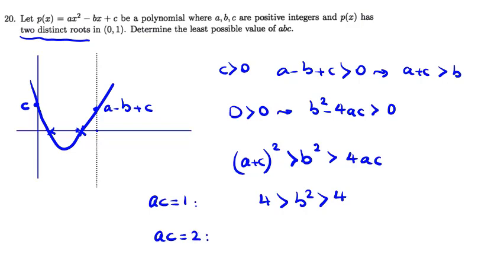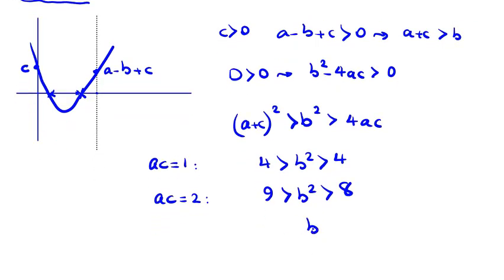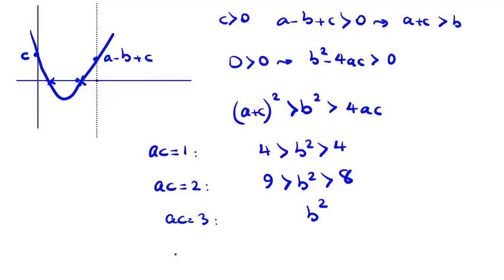If ac is 2, b squared is greater than 8 and less than a plus c squared, you have the case 2, 1, so 3 squared is 9. We don't have any choice here. If ac is 3, you check. So for general ac, if ac is k, you can say b squared is greater than 4k and less than a plus c squared.